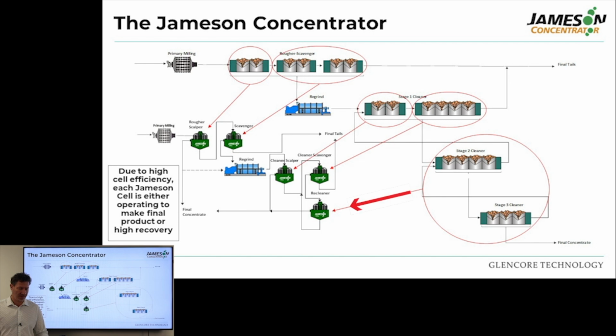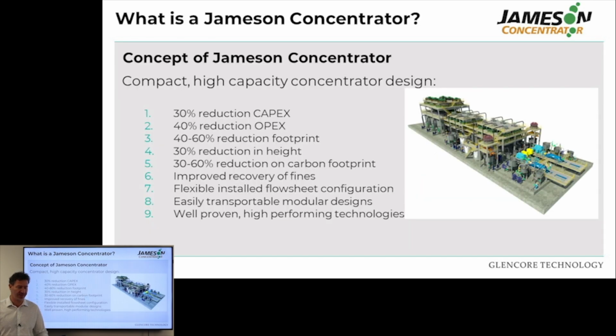Next, in the conventional circuit, there are another 2 recleaning steps. Because of the high efficiency of the Jameson cells and high upgrade ratio, we could replace those 2 stages with only 1 recleaner step with a Jameson cell. So as you can see, there's a massive reduction in the number of flotation cells, which contributes to the high efficiency and the low footprint of the Jameson concentrator.